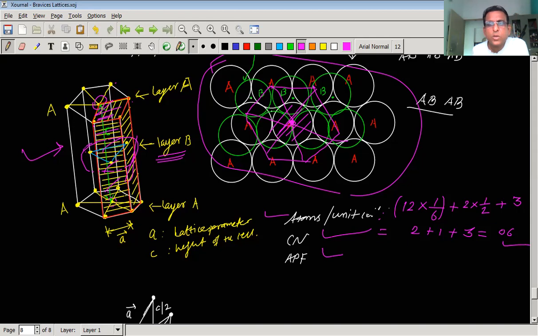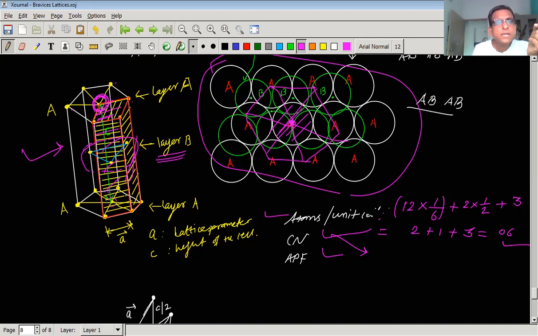Similarly, now we can go for coordination number. Coordination number is the number of nearest neighbors of a particular atom in a unit cell. If we consider this particular atom at the center of the basal plane, you can see the nearest neighbors to this atom are 1, 2, 3, 4, 5, 6.